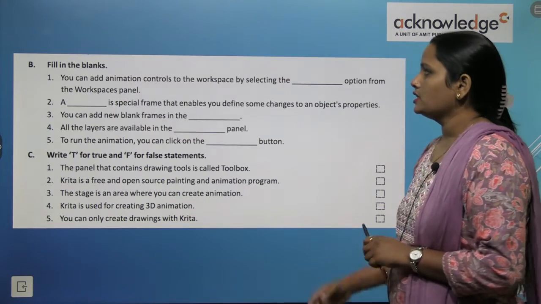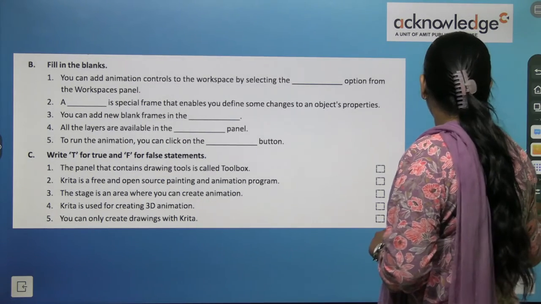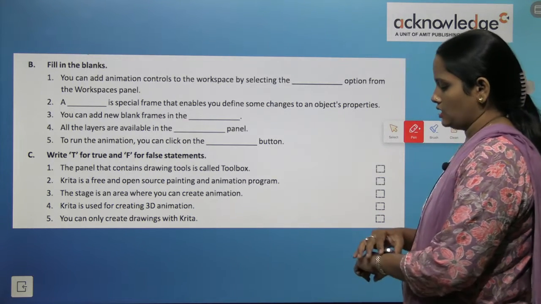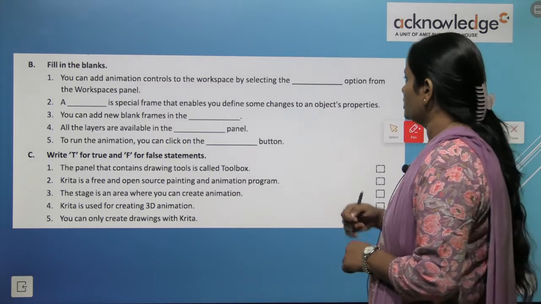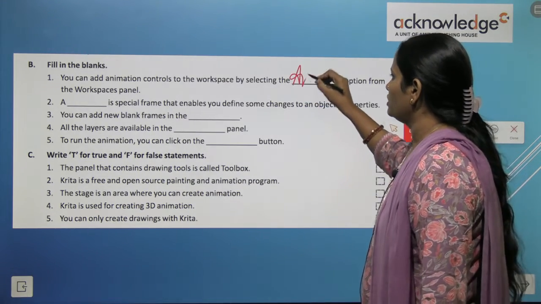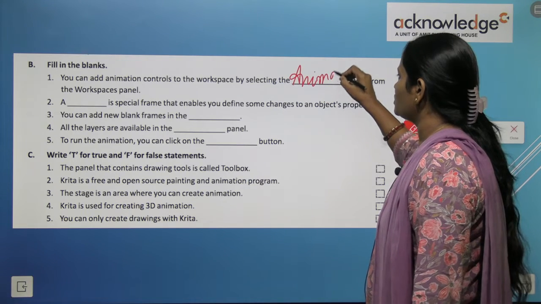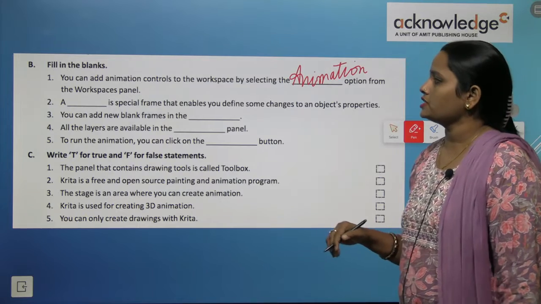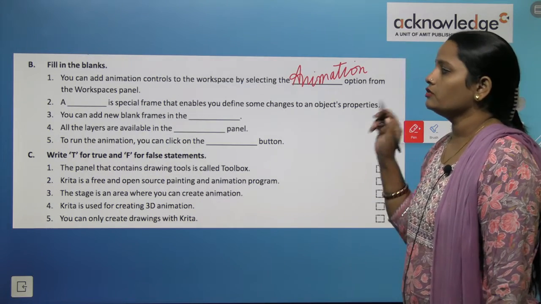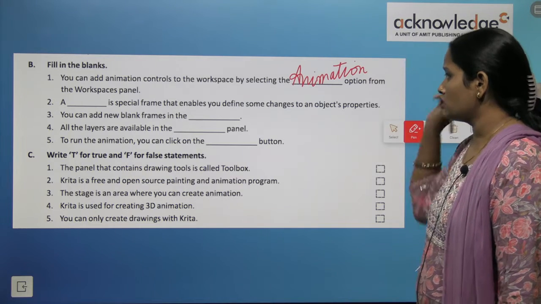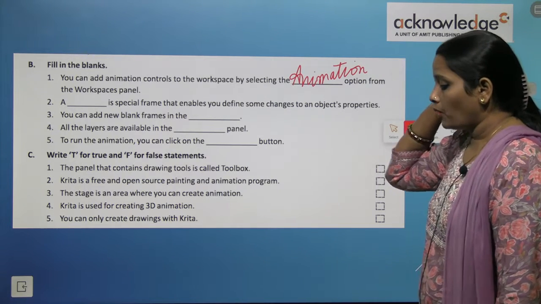Next exercise, fill in the blanks. You can add animation control to the workspace by selecting the animation option from the workspace panel. We have to click on the animation option. Next, a keyframe is a special frame that enables you to define some changes to an object's properties.